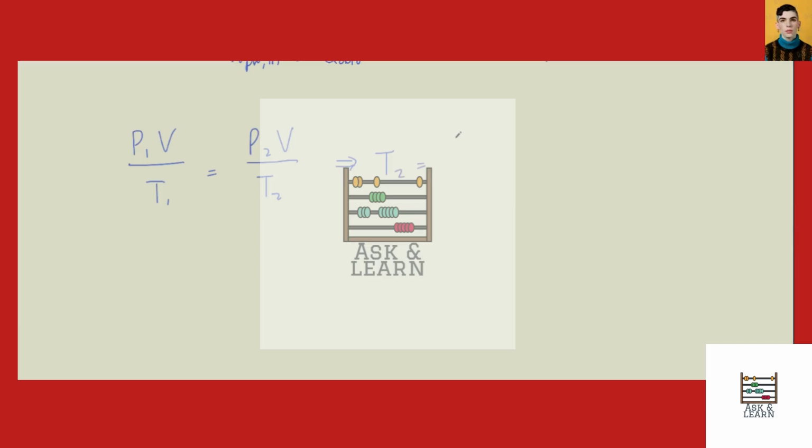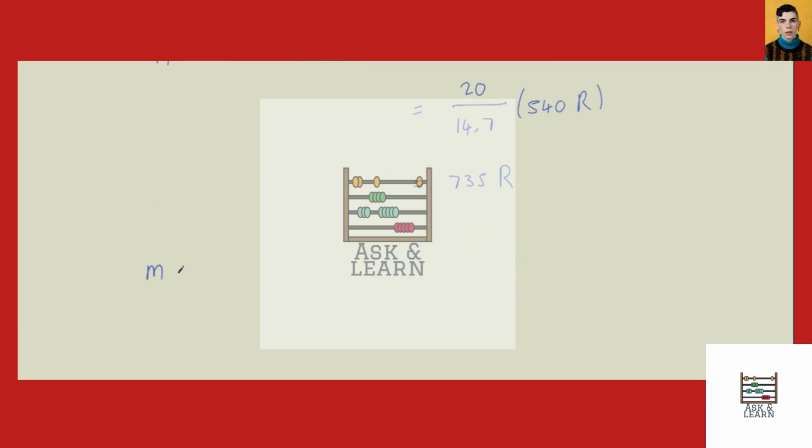T2 is equal to P2 over P1 times T1. And these values are all known. So that's 20 psi over 14.7 psi times 540 R for T1. And so we get T2 to be 735 R.